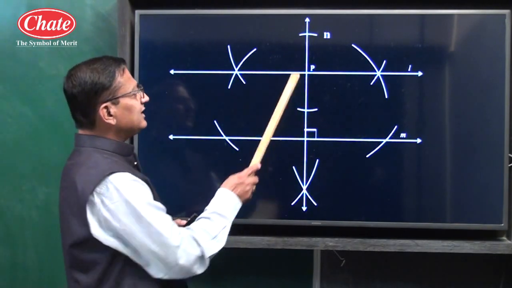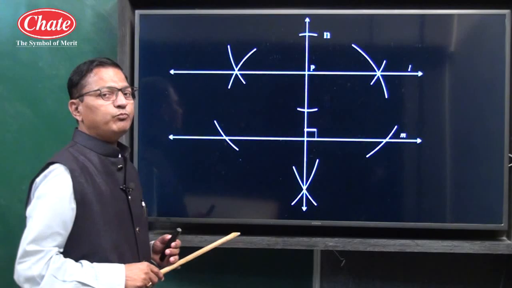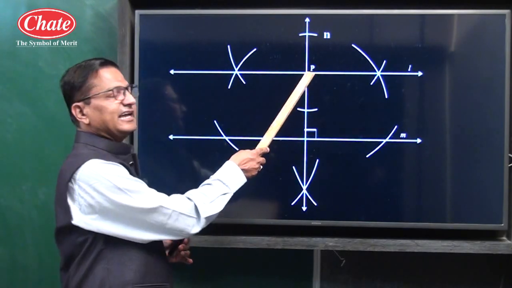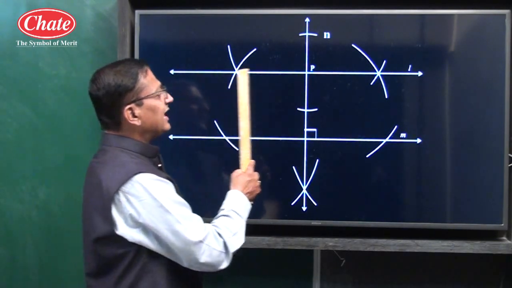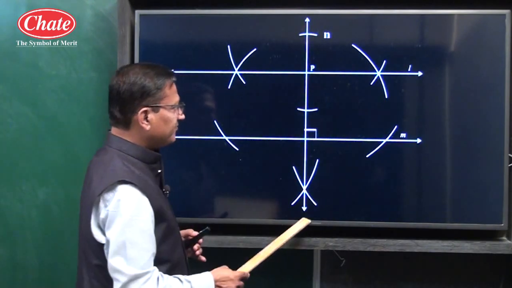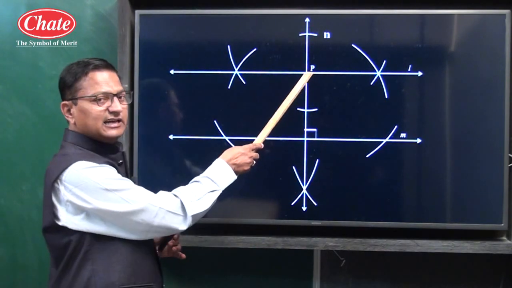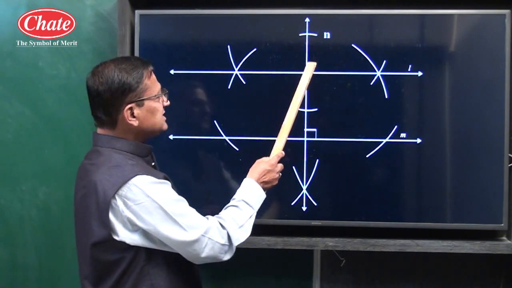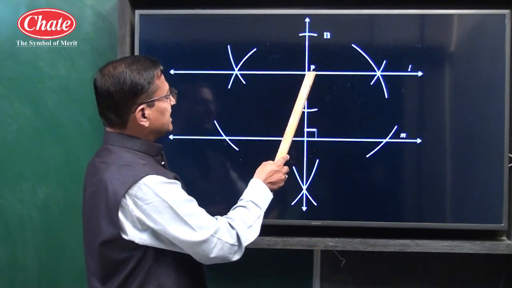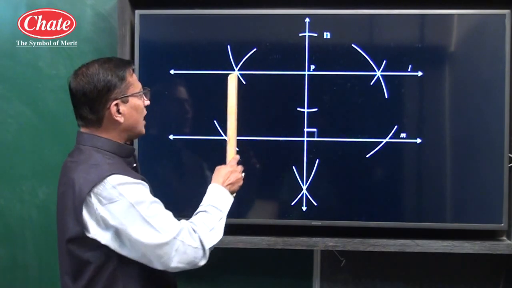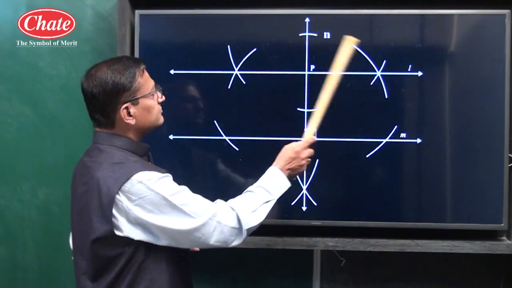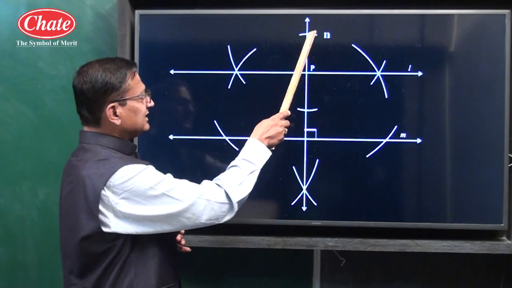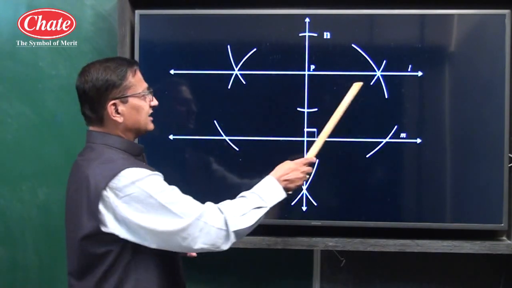Draw a perpendicular line from a given point when the point is on the line. P is on the line, so we can draw a perpendicular. Take compass. Center is this, draw two arcs. Take another center is this, two arcs.